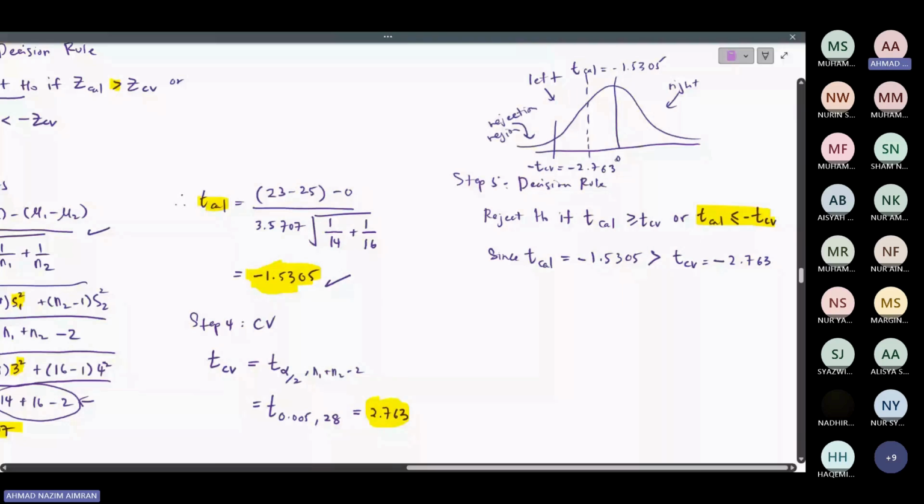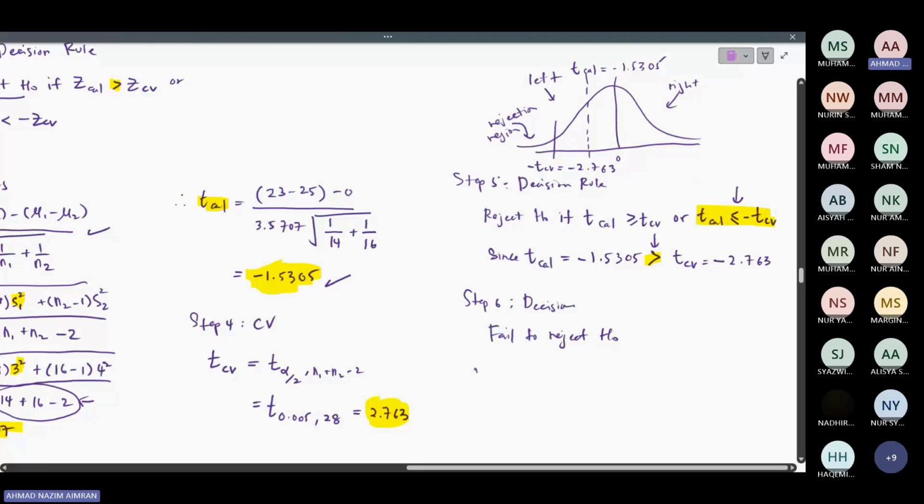So the decision, step 6, is we fail to reject H null.